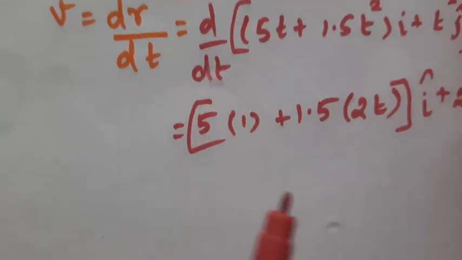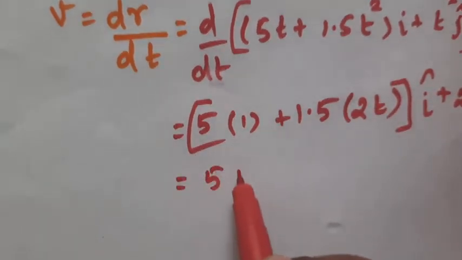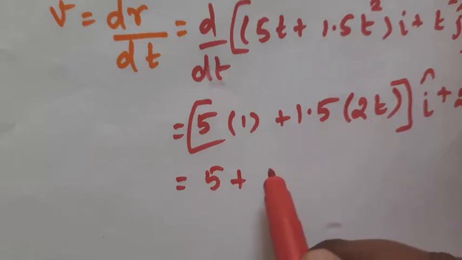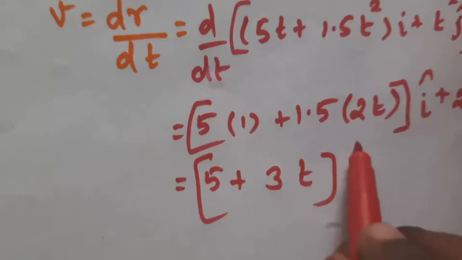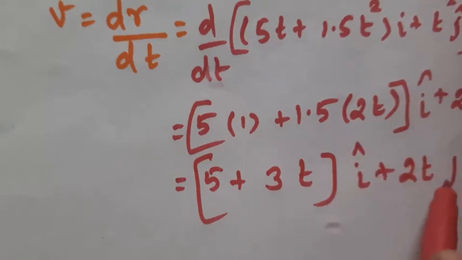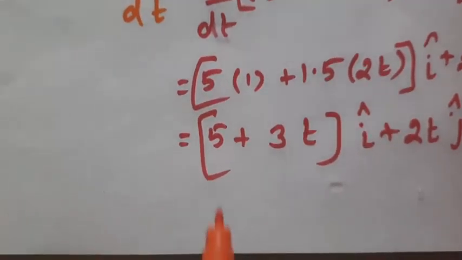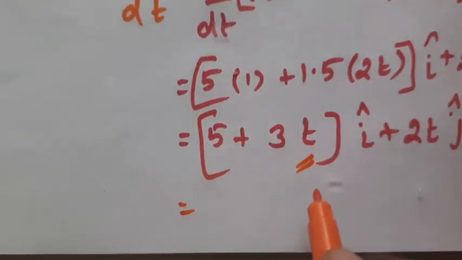What is the result of this? 5 plus 1.5 into 2 means 3t i cap plus 2t j cap, right? So here you have to substitute the t value. What is the t value? 6, you know.